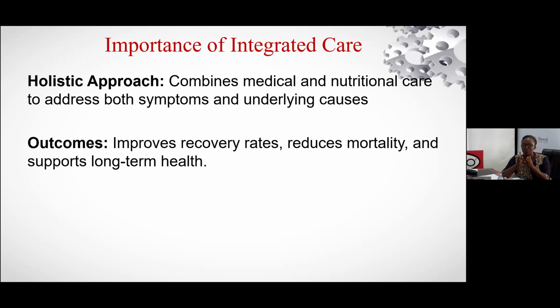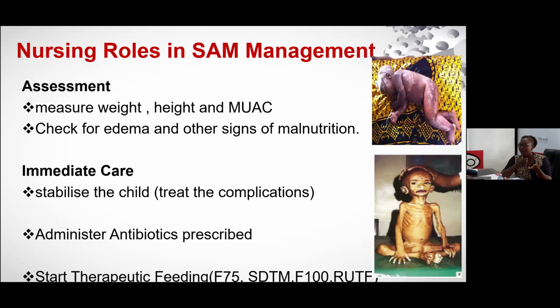It's not a one-way thing. We have to come together as a team. And this will help in improving the recovery rate, reduce the mortality rate, and support long-term health care.